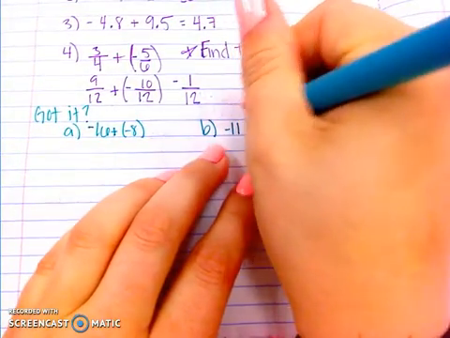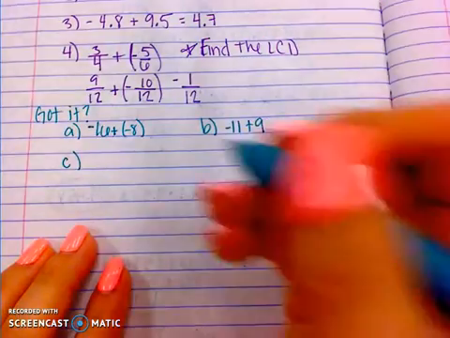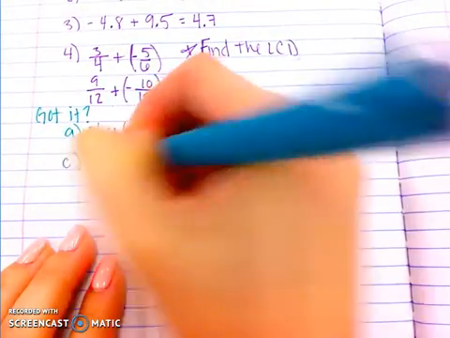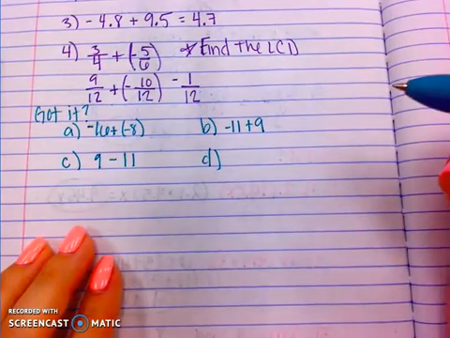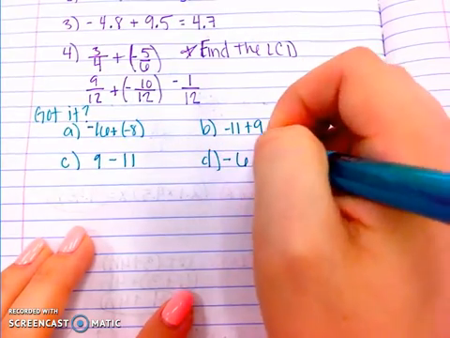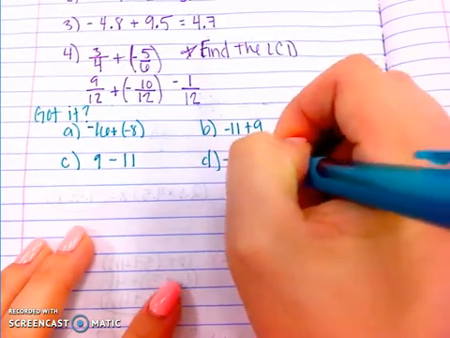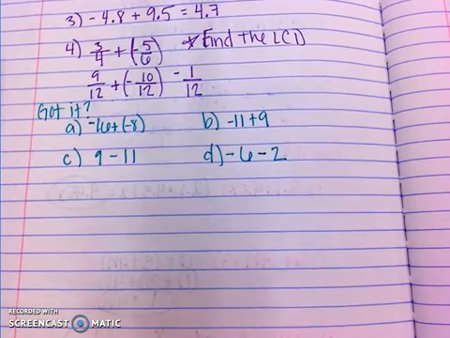Negative 11 plus 9. 9 minus 11. And let's say negative 6 minus 2. Okay, and you can pause the video to work those out.